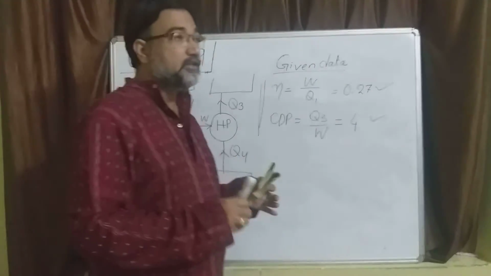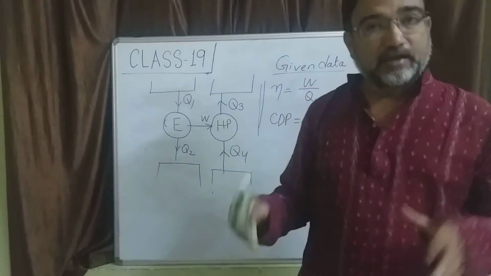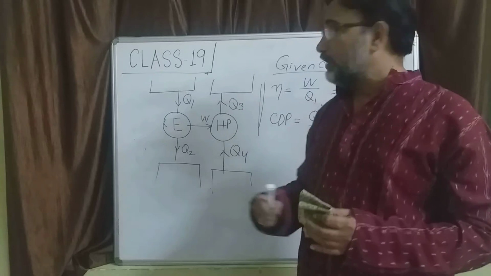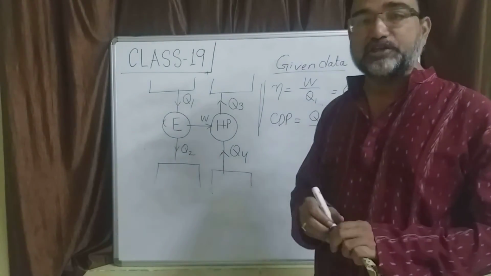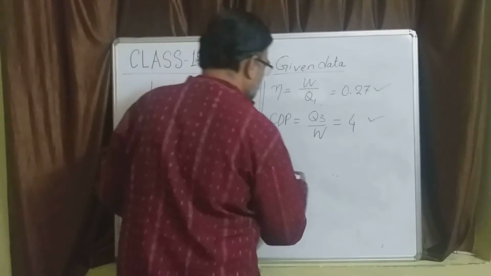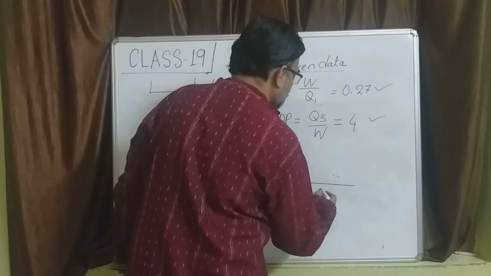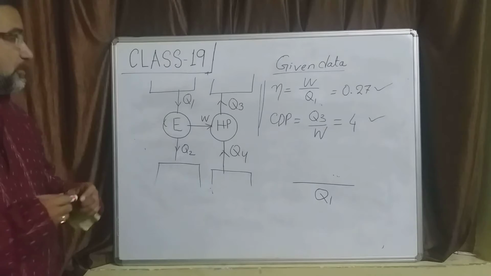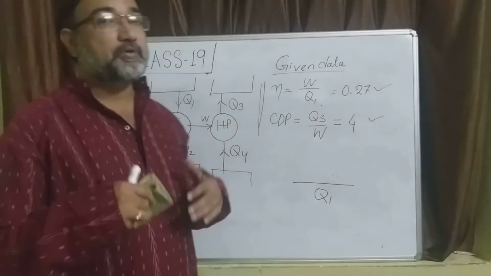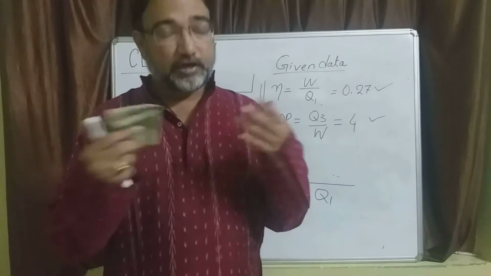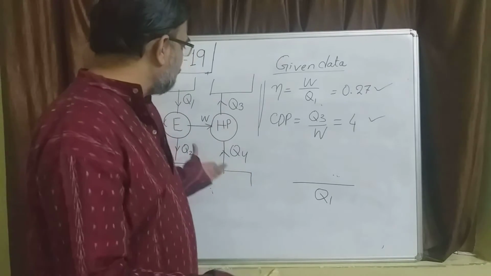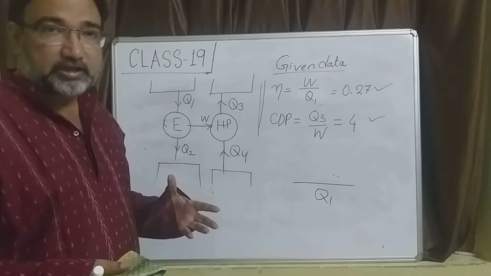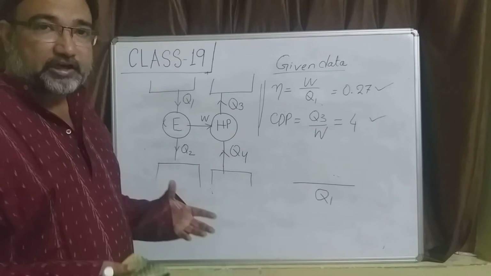So from this you have to find out the ratio of heat transferred to the circulating water divided by heat input to the engine. That means you have to find a ratio where the denominator is heat input to the engine, Q1. What is the numerator? The numerator is the total heat transferred to the radiating water or circulating water in the radiators. Which heat quantities are going to the radiator?